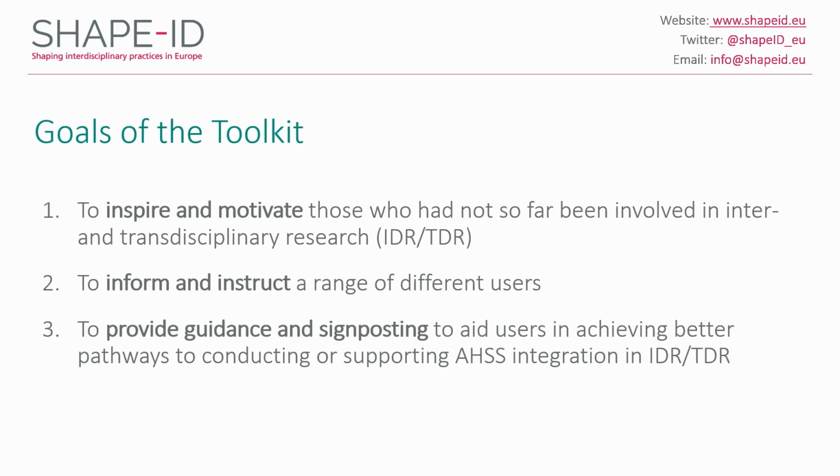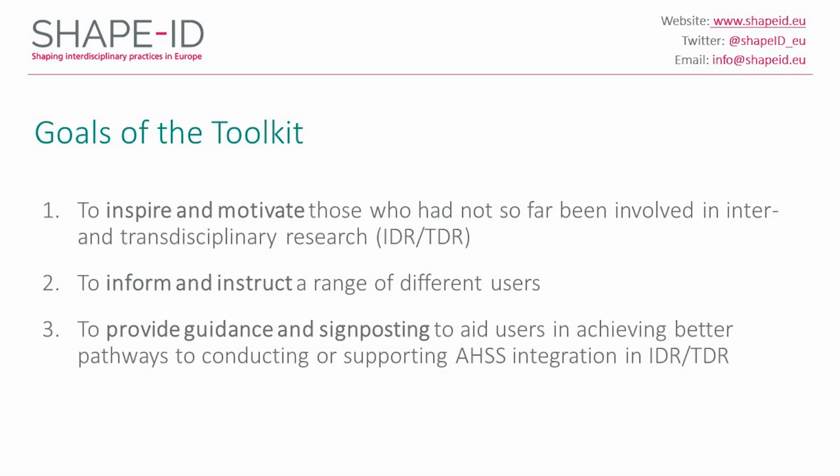So our key goals were to inspire and motivate those who had not so far been involved in inter and transdisciplinary research, to inform and instruct a range of different users, and I'll talk about who those users are in a couple of slides, and to provide guidance and signposting, pointing people towards where they can find out more research.